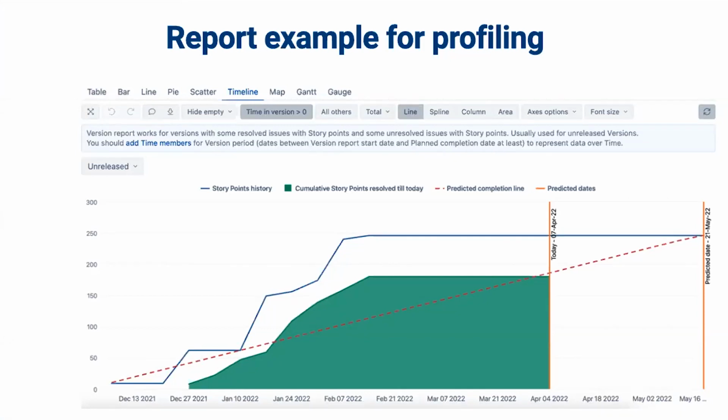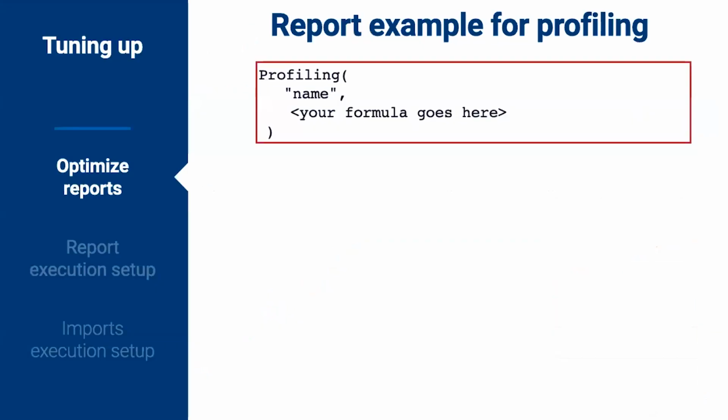So here is an example with several measures, and I would like to detect which one could be slow or slows down the report. I would like to profile not only visible measures, but also measures that are working behind the scenes, as we say, and filters as well. And here is the function profiling.